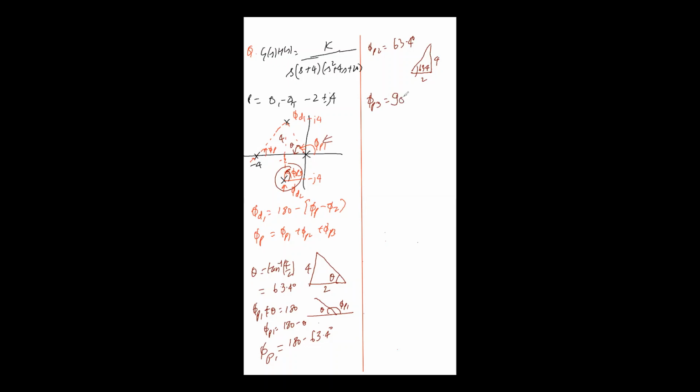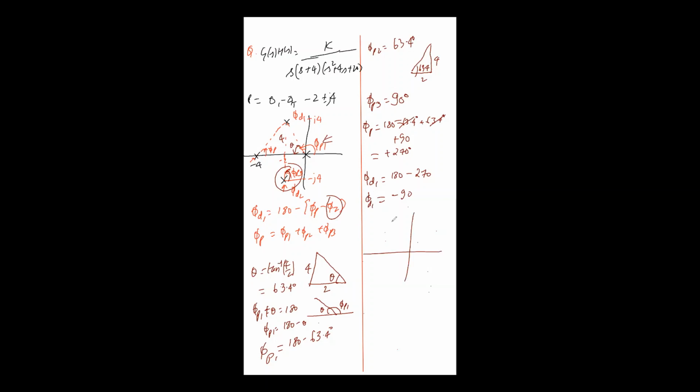So phi p will be equal to 180 minus 63.4 plus 63.4 plus 90. Minus 63 plus 63 will cancel out, so this will be plus 270 degrees. So phi d1 will be 180 degree minus 270, since there are no zeros, so phi z will be 0. So phi d1 will be equal to minus 90.